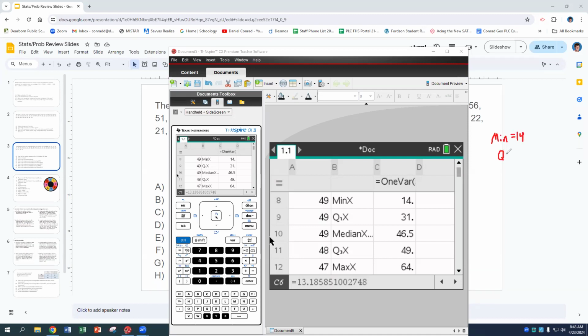The first quartile, Q1, is 31. The median is 46.5. Q3 is 49. And then the max is 64. So this right here is the 5-number summary.